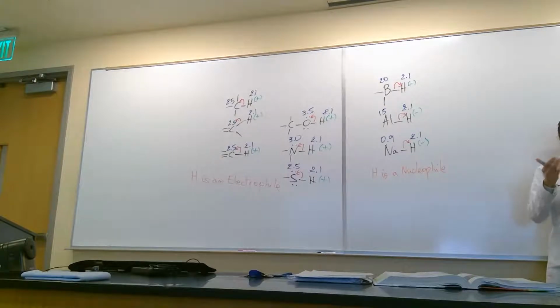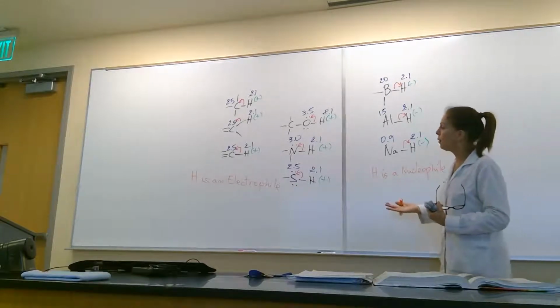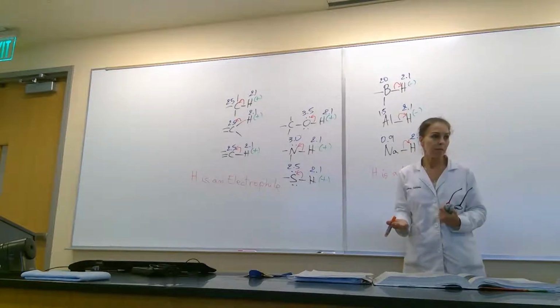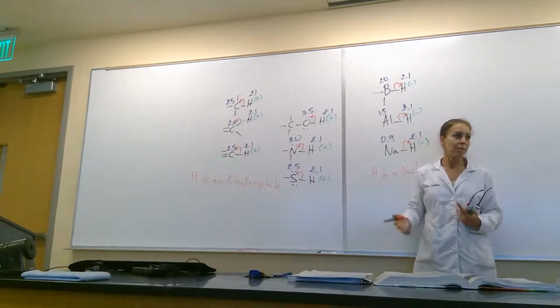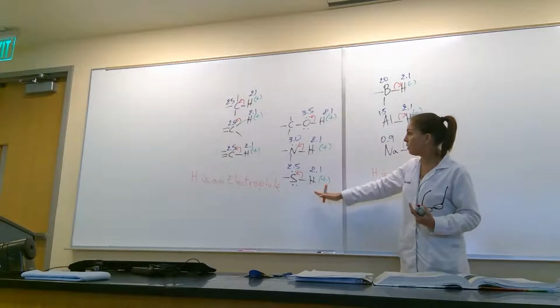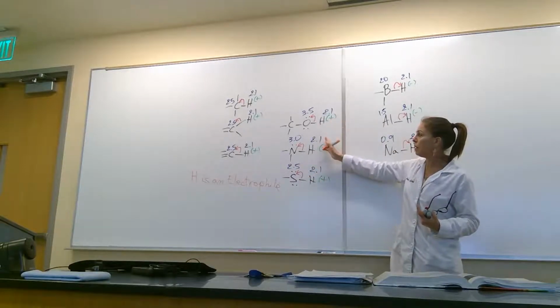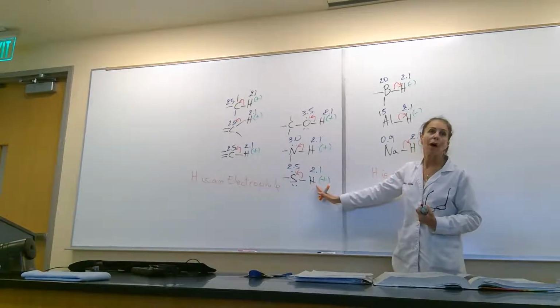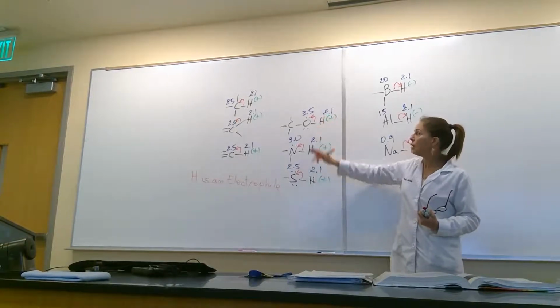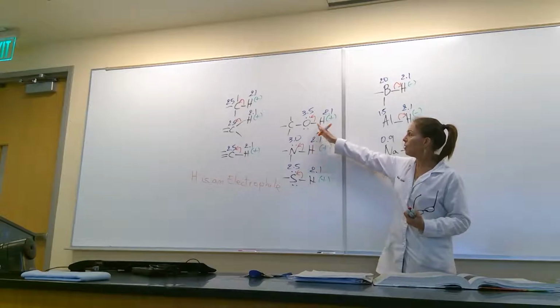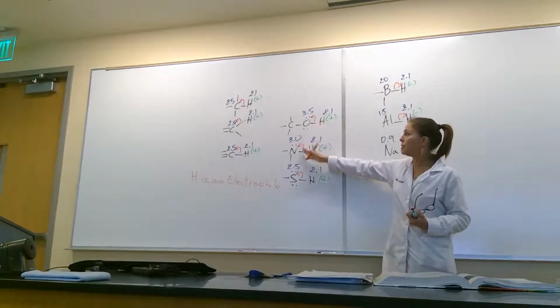So not only do you have to know which one is going to take the electron, you need to know which one will react the fastest, which bond will break the fastest. So if I come back here, which of these three will break the fastest? This, or this? The top one. Why? It's a bigger electronegative. So here, we're going to use electronegativity difference.